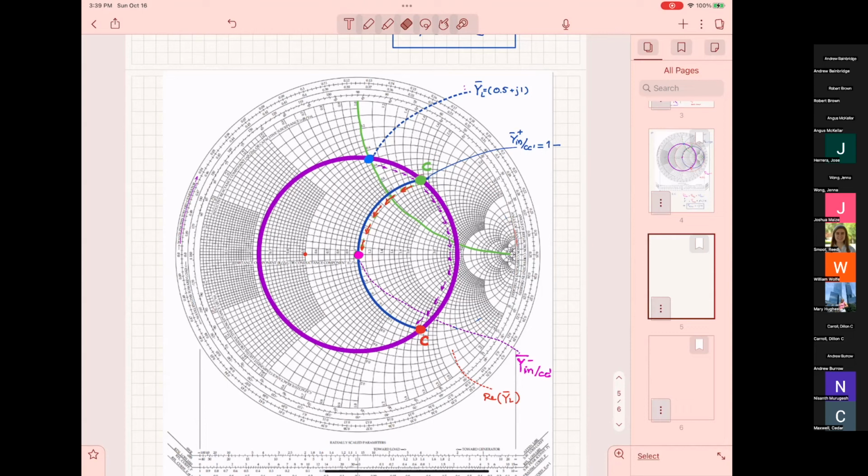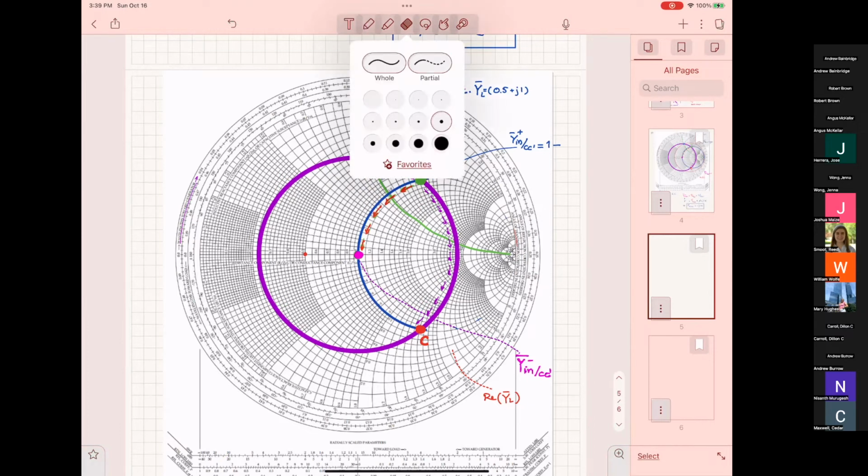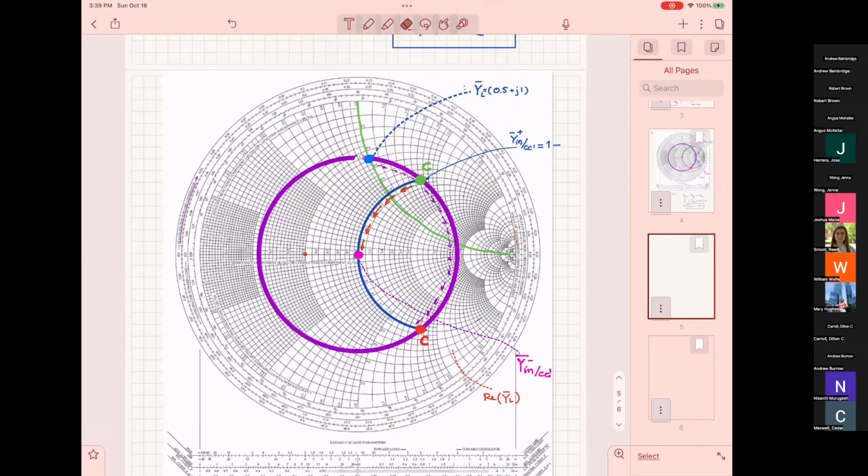And then I'm going to remove partially here, this one, and this one. So if you think, the only thing that I've done with all of these circles is to be able to go to the center of the chart, all right?